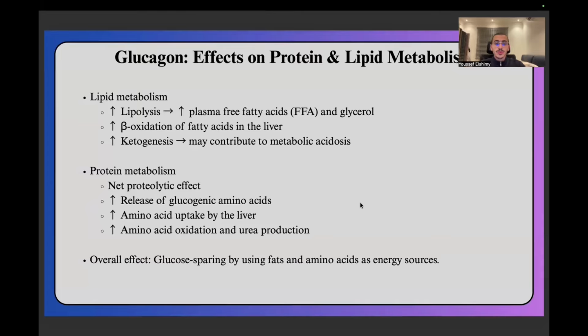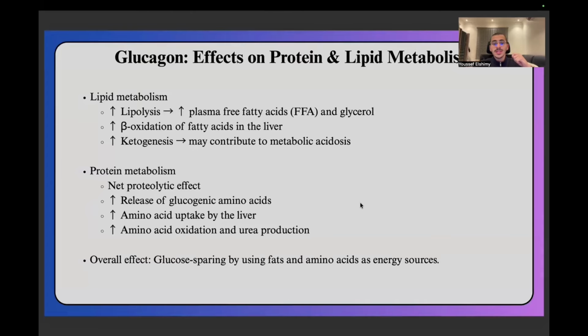Okay, regarding the protein, overall, there's a net proteolytic effect. The body just wants to break down. Glucagon is basically a catabolic hormone. It wants to break down, break down, break down. So what would happen? There would be an increased release of gluconeogenic amino acids.